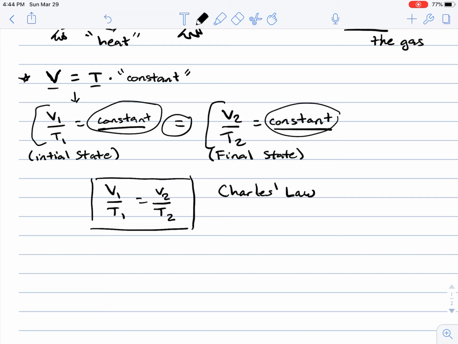And we can go ahead and use Charles' law to quantify changes in volume because there was a change in temperature. Now, just a quick note, when you're using Charles' law, you must convert temperature into Kelvin units.